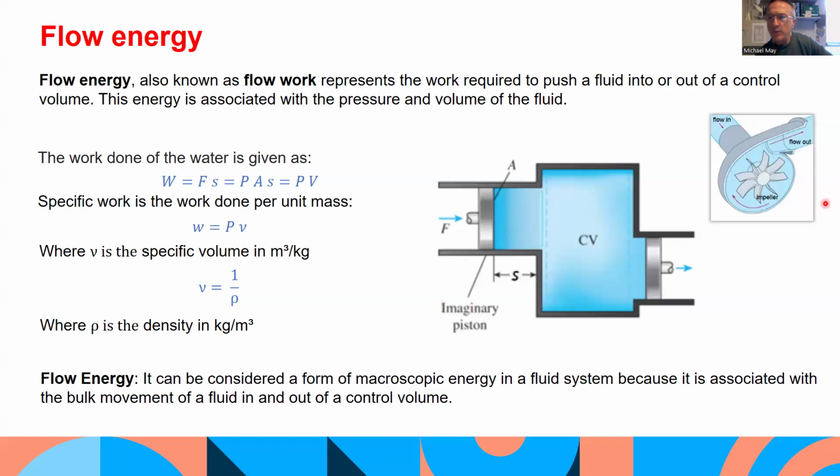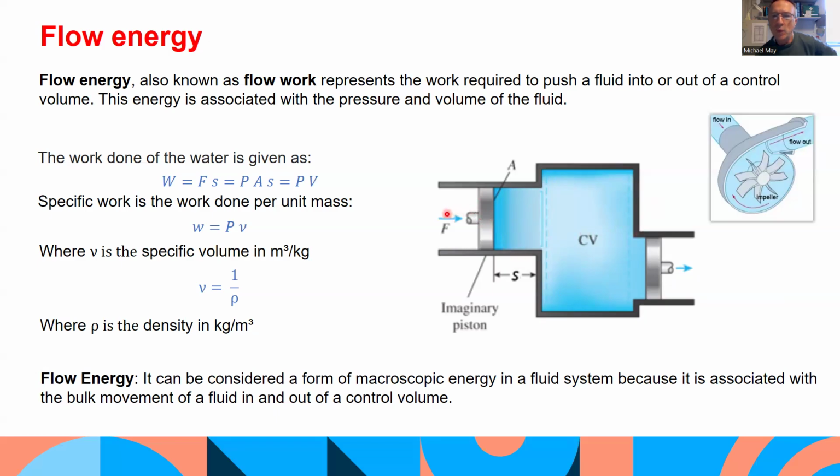So let's say we have a pump, a centrifugal pump, and the impeller is moving around. It draws in fluid through its eye, sends the fluid out by centrifugal force at a higher volumetric flow rate and pressure. Now let's look at a more theoretical example. Let's say we have a piston pushing an amount of fluid through a control volume.